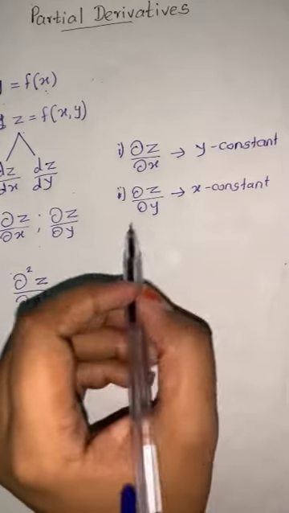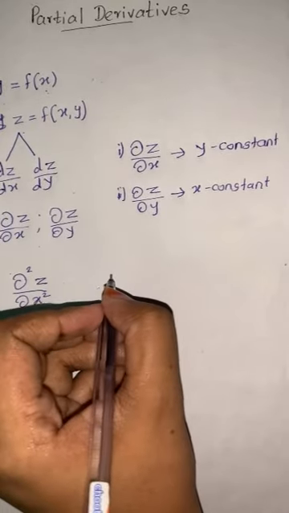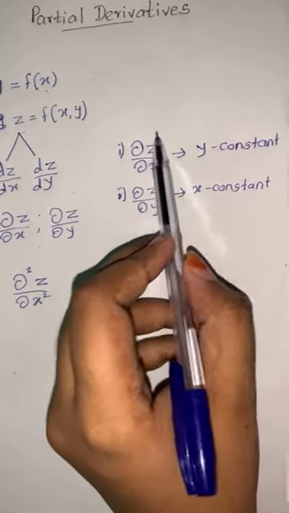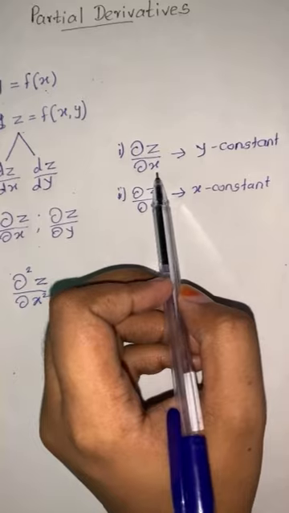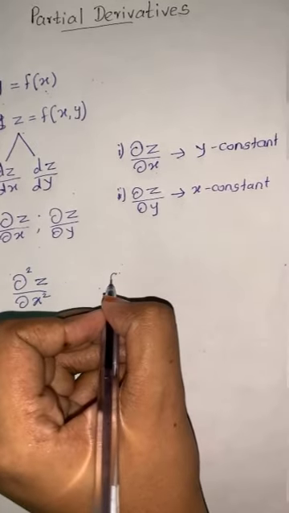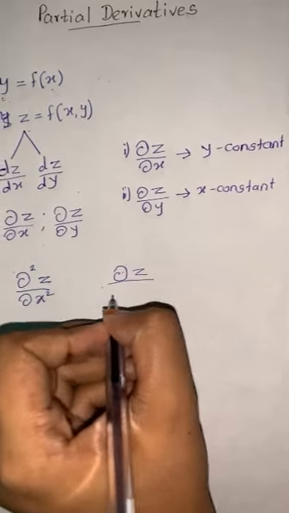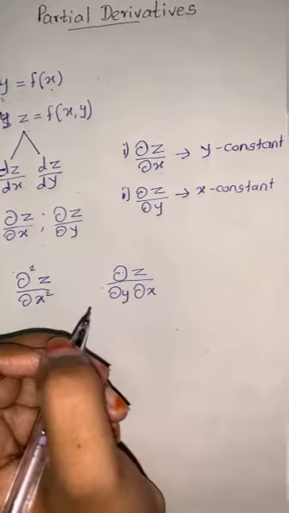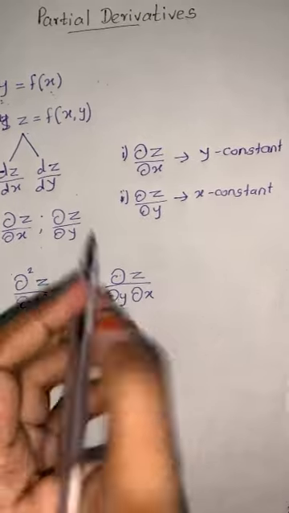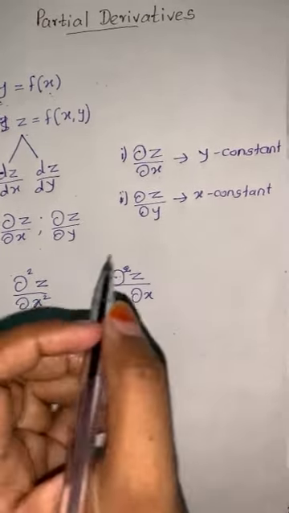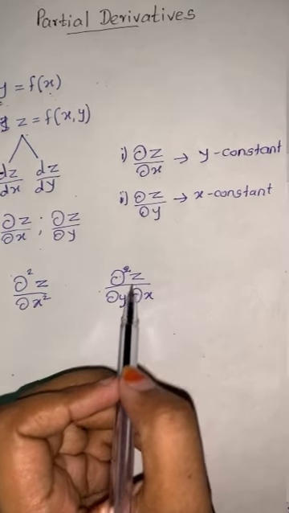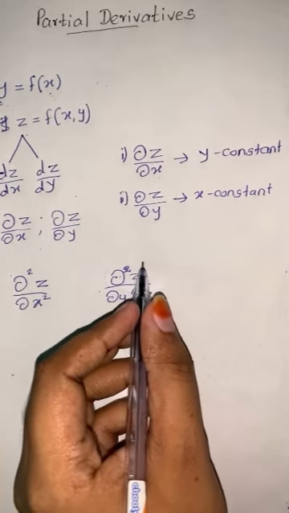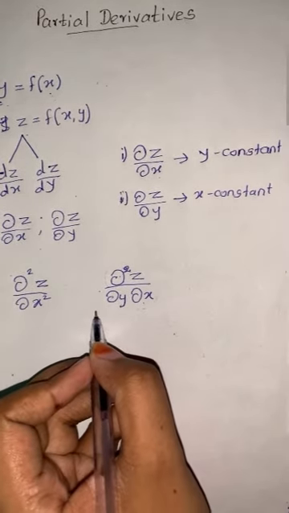And we have another one: if we differentiate this with respect to y, we notate that as dabba squared z over dabba y dabba x. It means the differentiation of dabba z over dabba x with respect to y.